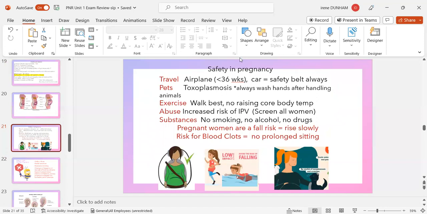Okay, and safety. Let's list it up in here. This is important. Travel by airplane if you're less than 36 weeks. When you get to be 36 weeks, we don't want you in the airplane. What are we worried about with someone who's traveling in an airplane? Blood clots, or DVT.